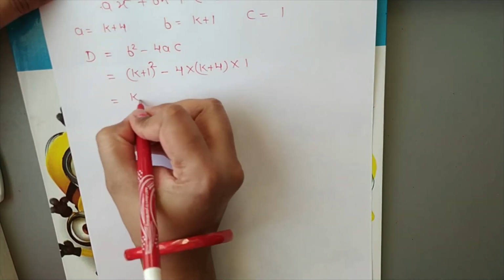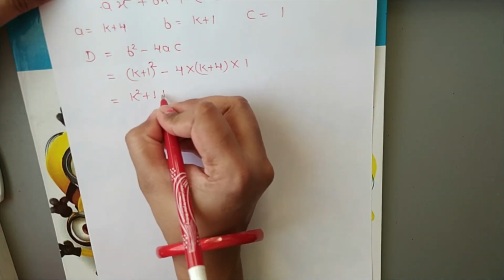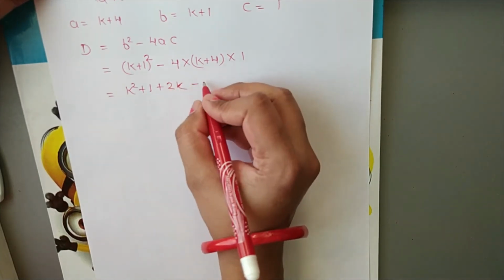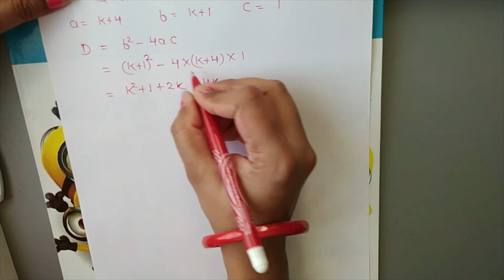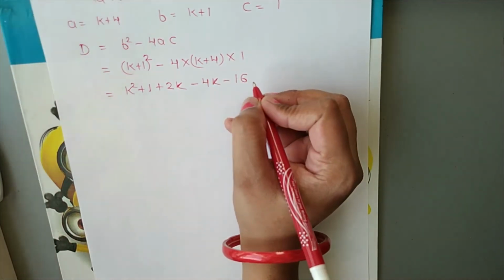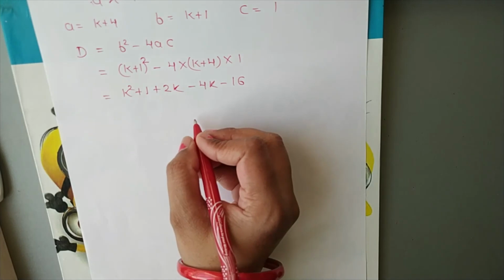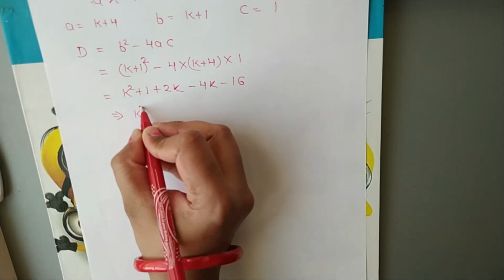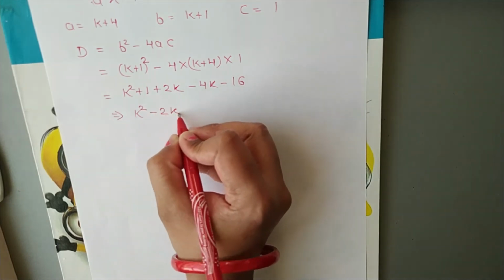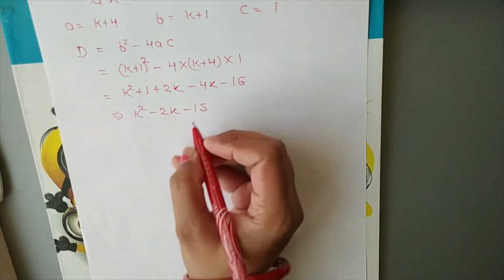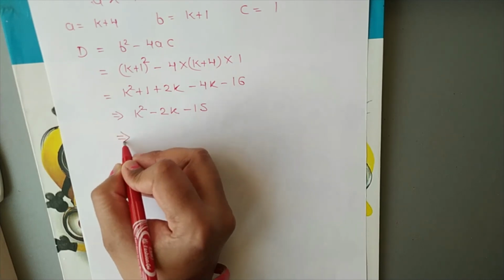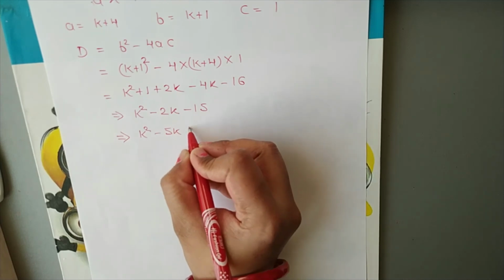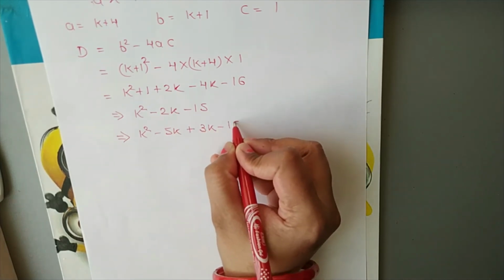So it will be k square plus 1 plus 2k, then minus 4k minus 16. Okay, so it will be k square minus 2k minus 15. Factorize it: minus 5k plus 3k minus 15.